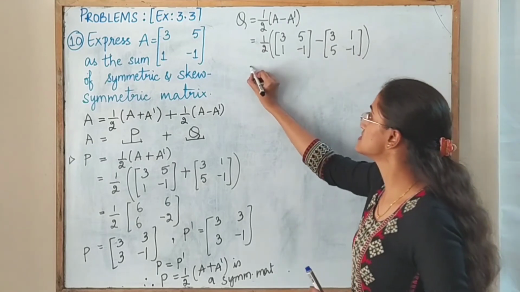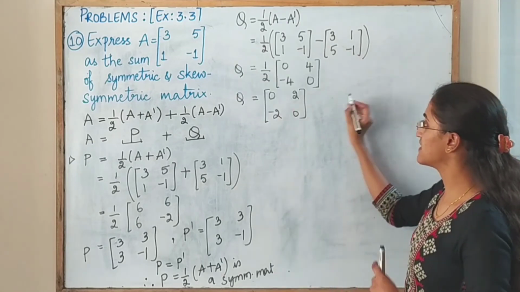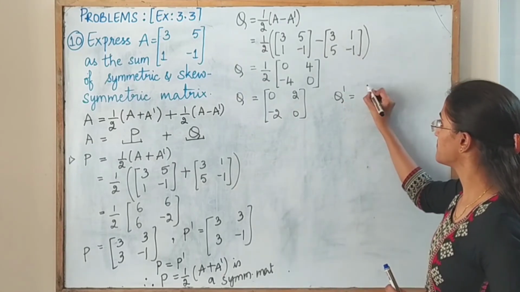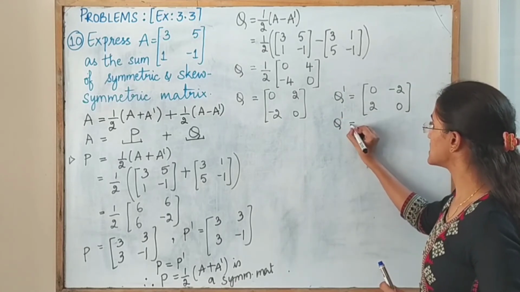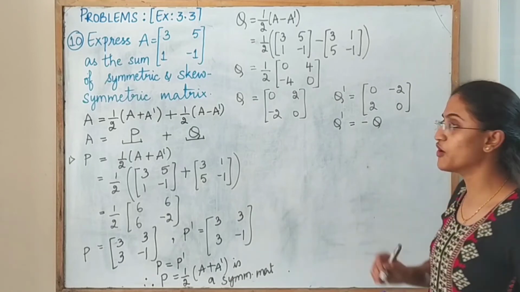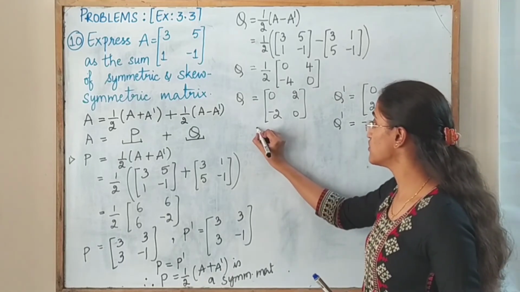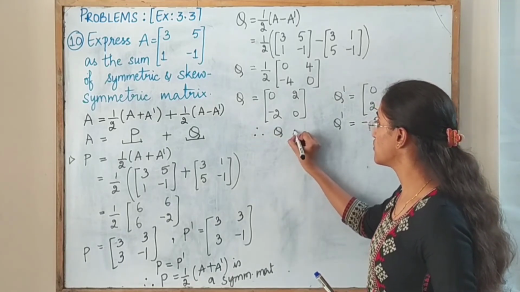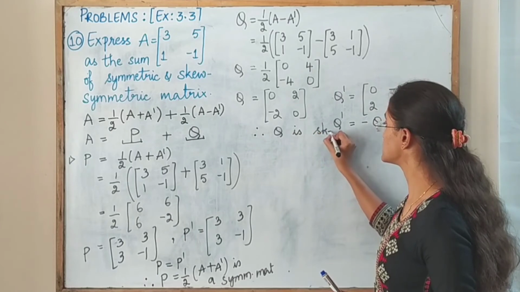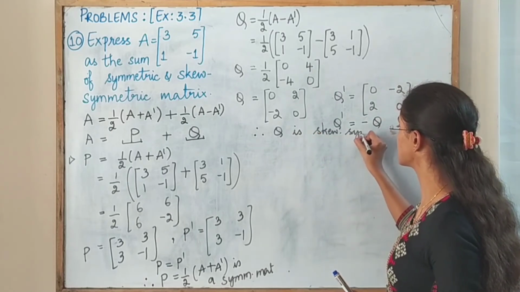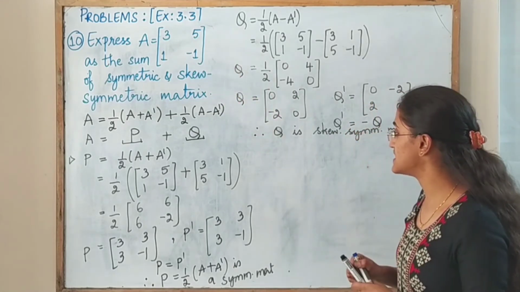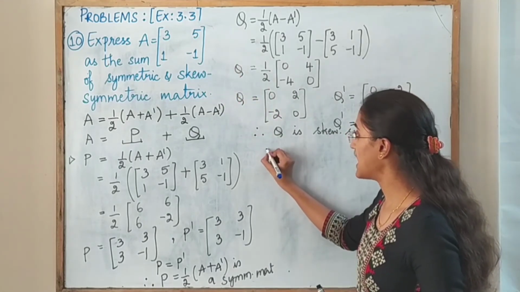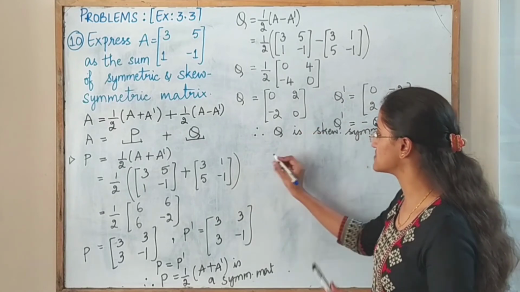Subtract these matrices, finding its transpose, and therefore Q' is equal to negative of Q. Therefore, you can conclude that Q is a skew symmetric matrix.